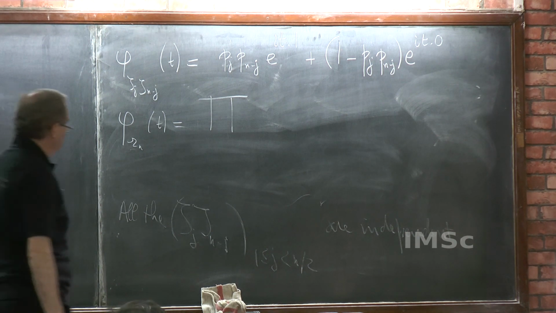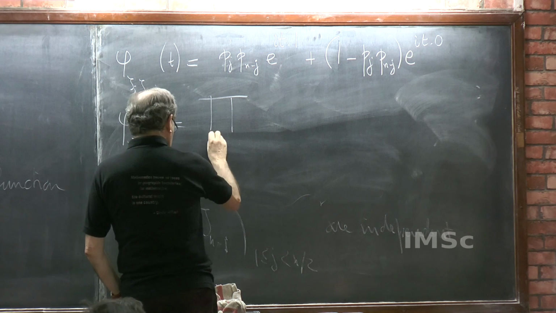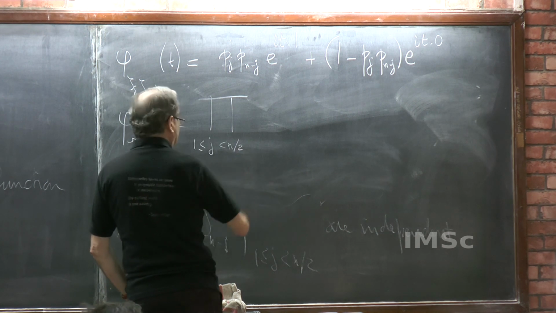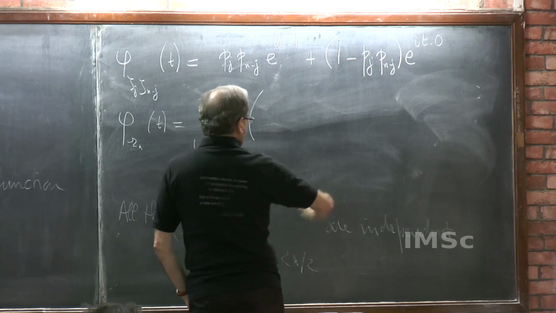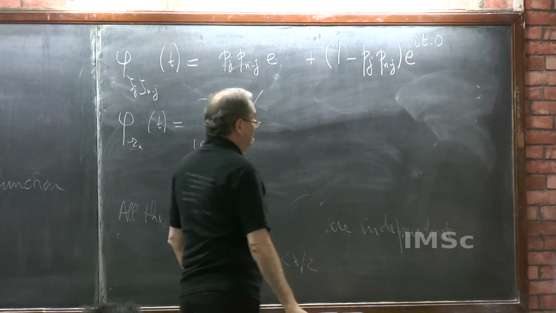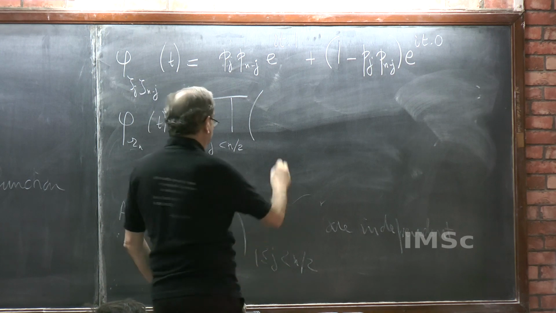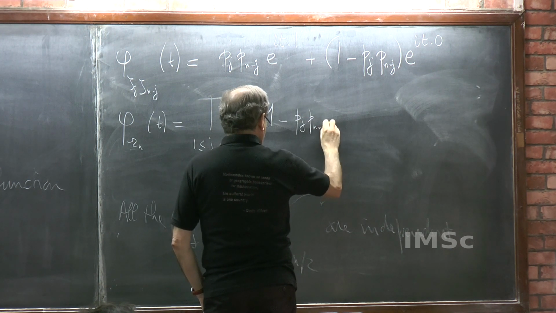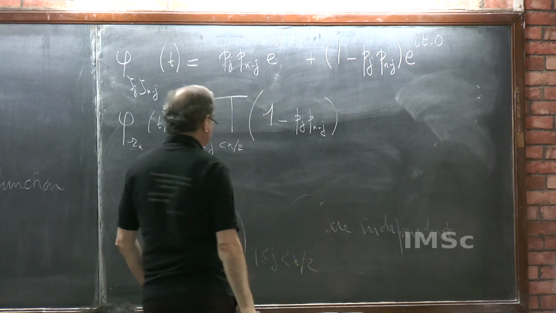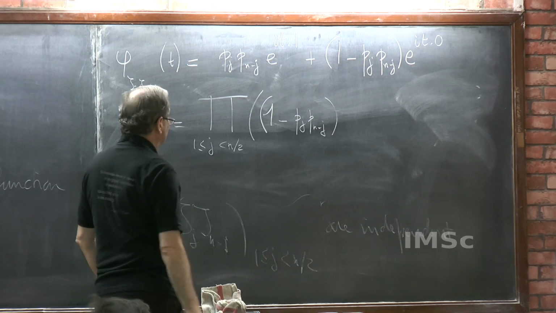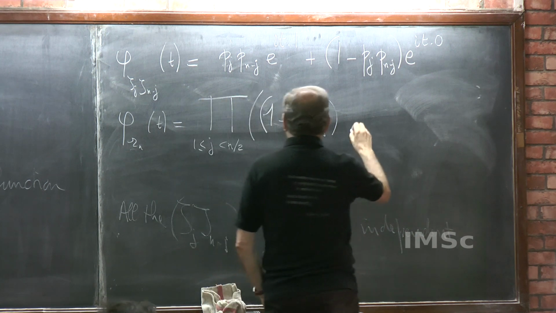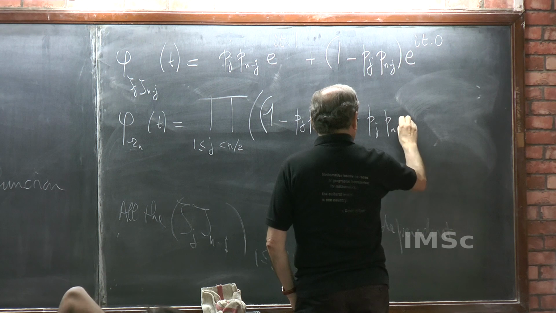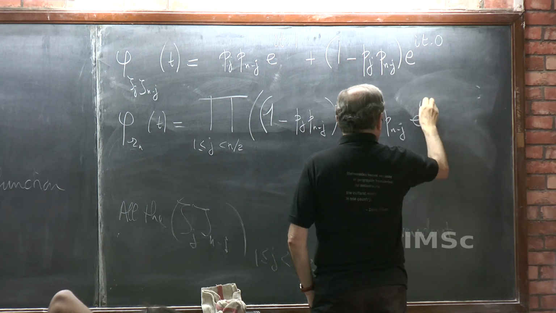So it is the product for j between 1 and n over 2 of something which will be, forget about the e to the it 0, 1 minus pj pn minus j plus pj pn minus j e to the it.